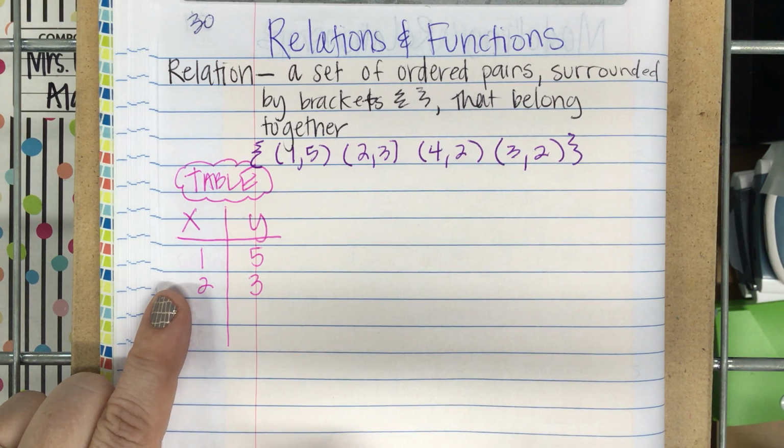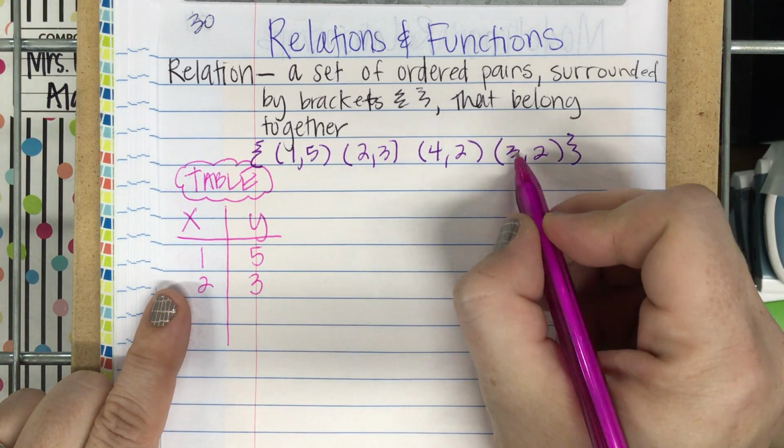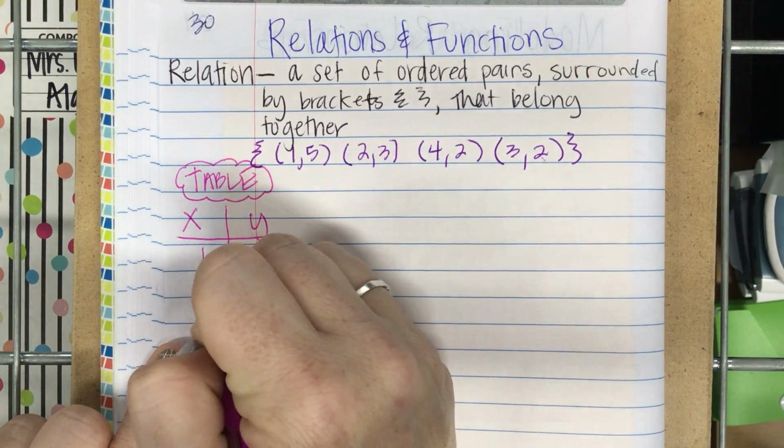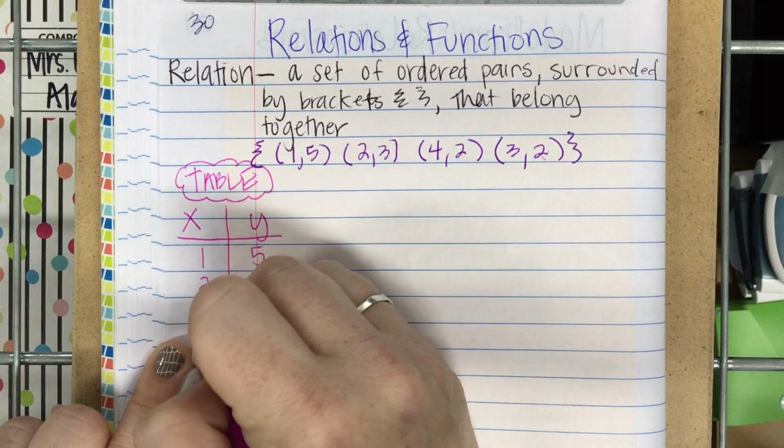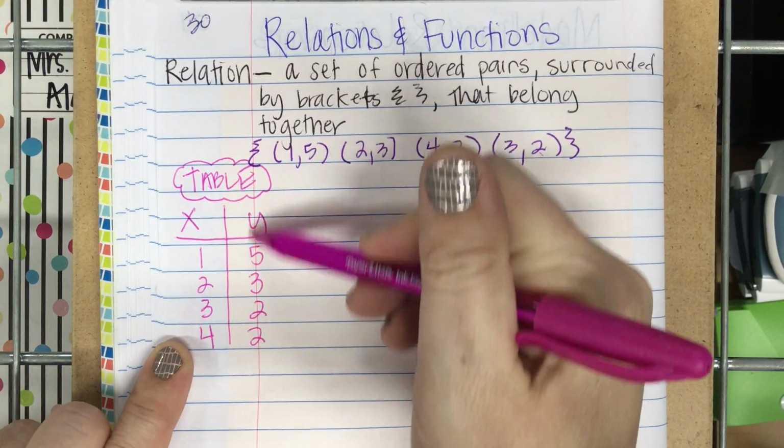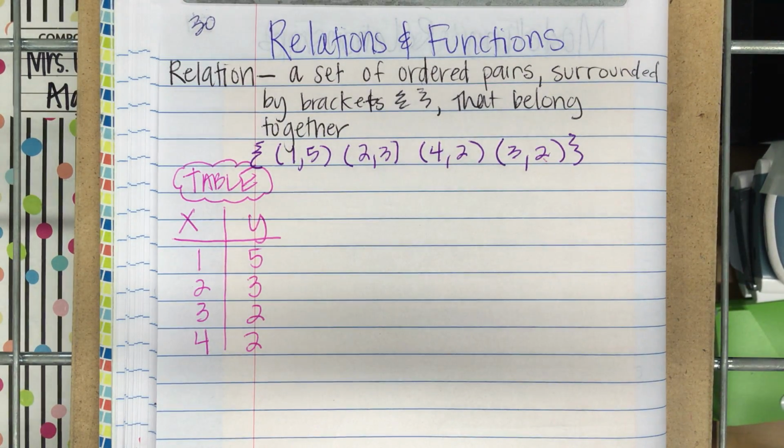What comes next? 3 and 2. And then 4 and 2. My y values in my table do not have to be in order. Only my x values are in order. My x values are always in order from least to greatest when it comes to a table. Have you made tables before? This is not shockingly new information. Just checking.